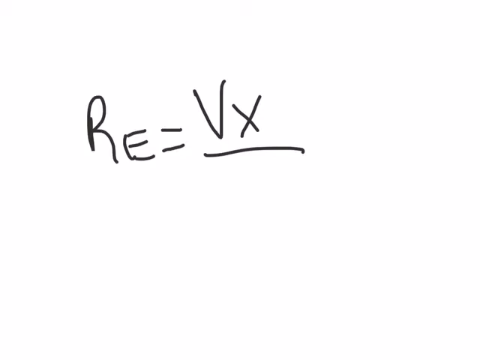So if you look at the Reynolds number equation, it's going to be equal to stream velocity times the distance downstream divided by kinematic viscosity. And low values of Reynolds number are laminar, and at higher values the flow is turbulent.